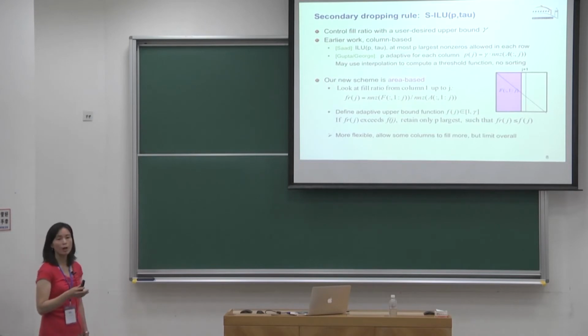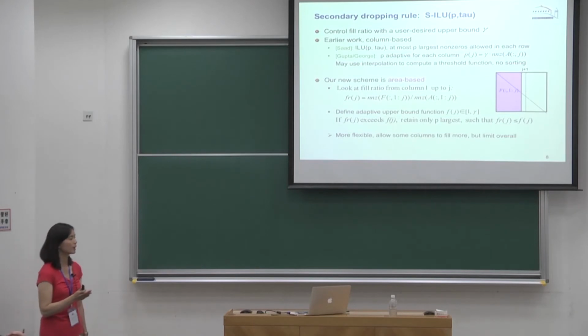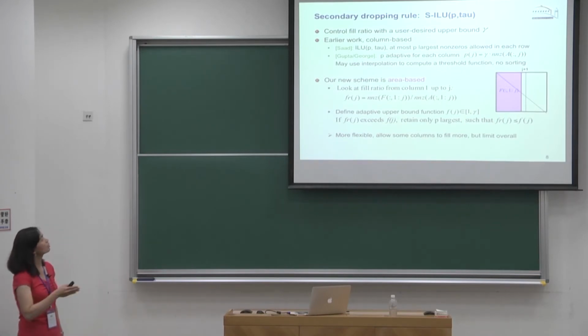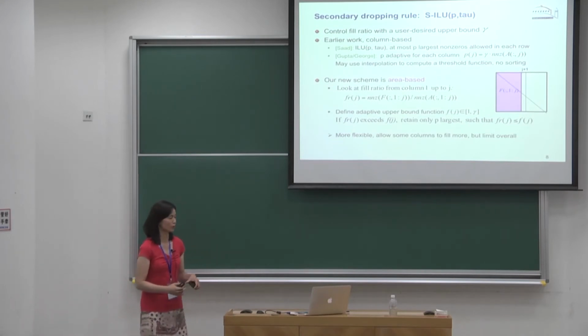And then we also modified the secondary dropping rule. In the original scheme, the secondary dropping rule just says, look at the current column. If the number of non-zeros exceeds 10, controlled by the parameter p, right? Here we use gamma. If the current column is more than 10 in size, we retain the top 10 and drop all the others.